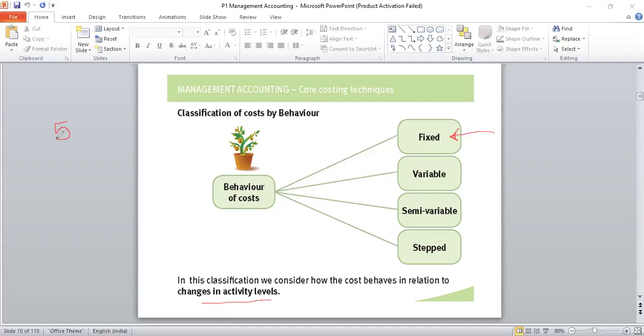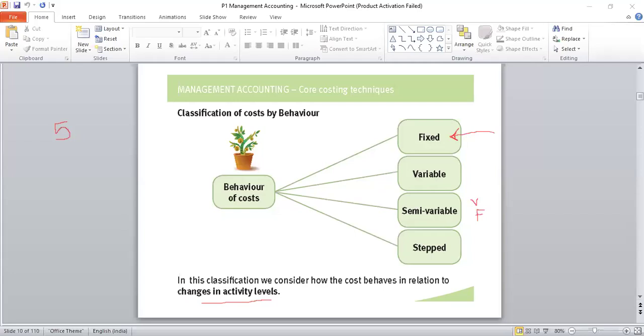Another cost also changes with the changes in the activity level, but it does not change proportionately. Such a cost is called a semi-variable cost. The reason is this is partly variable and partly fixed. A part of it does not change at all, which remains fixed. A part of it keeps varying. The best example we can quote for a semi-variable cost is, any idea? That's right.